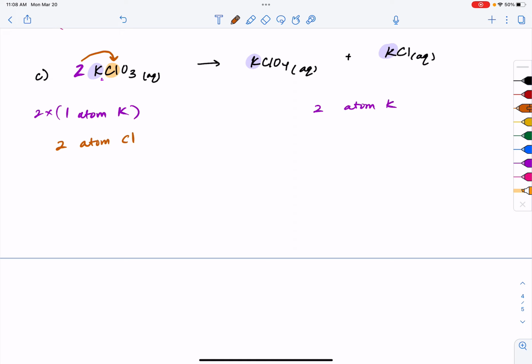And if I look at my product side, both of my product compounds contain chlorine, so I have this and this. The subscripts in these chemical formulas tell me that there is 1 chlorine atom per compound. So in total, I have 2 atoms of chlorine. Okay, things are looking good.